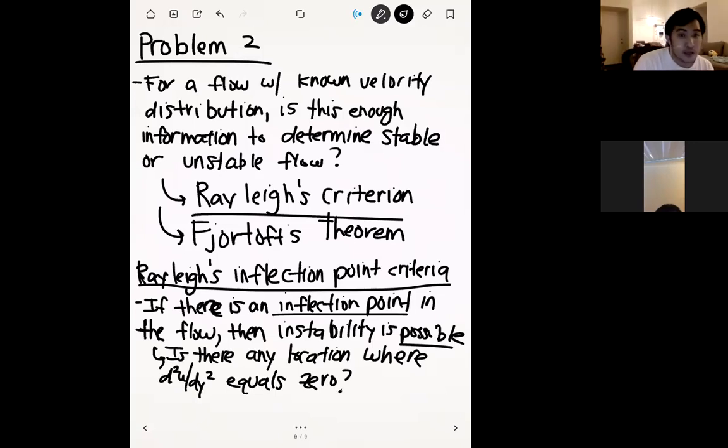And so if you're going to determine stability using Rayleigh's criterion, all you have to look for are just the inflection points. Okay, any questions on this before I turn the page?